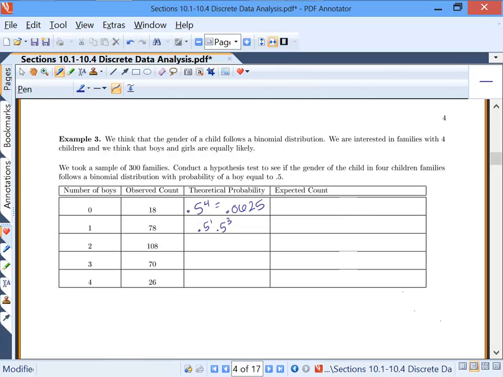You can have a boy on the first one, or second child, or third child, or fourth child. So we need to take into effect how many different ways you can get 1 boy. So we do 4 children choose 1 boy, which actually gives me 0.25.